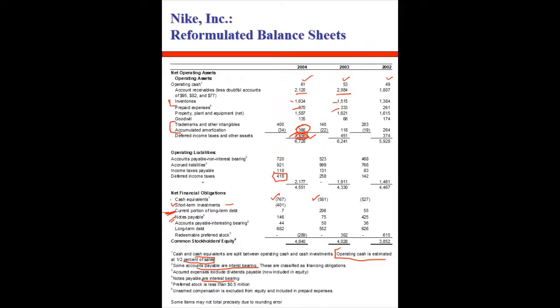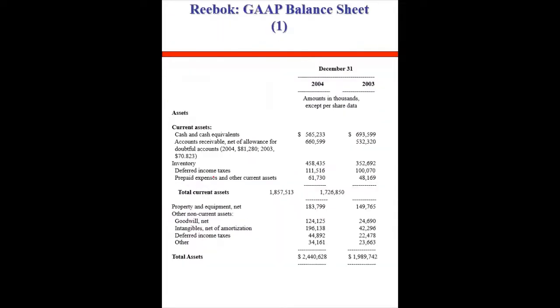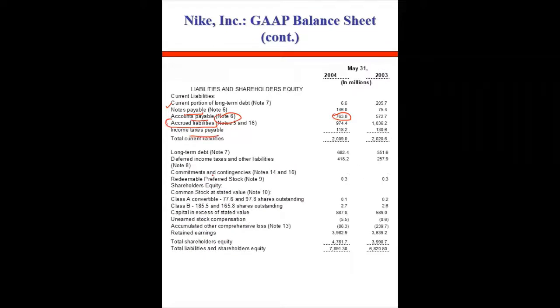The deferred income tax, probably it is a sum up of two things. One is this part from short term, and the other is here from the deferred income taxes and other liabilities. We need to separate the other liabilities from here.